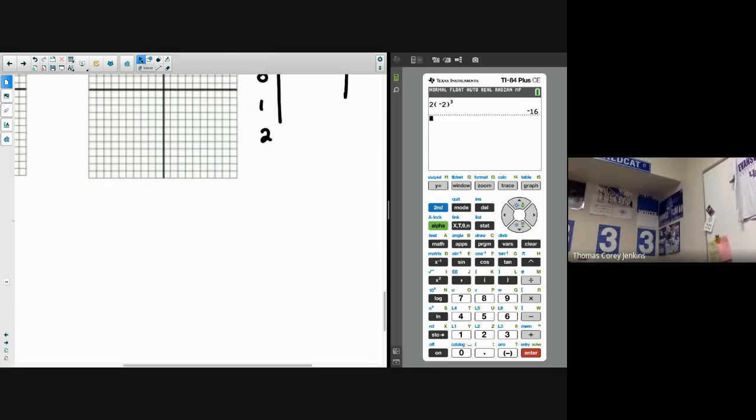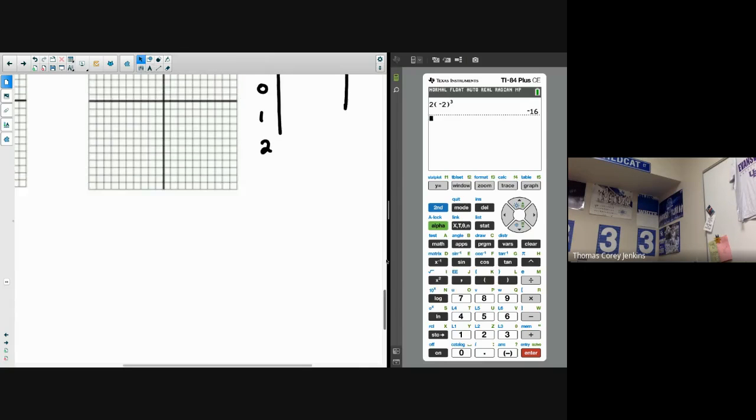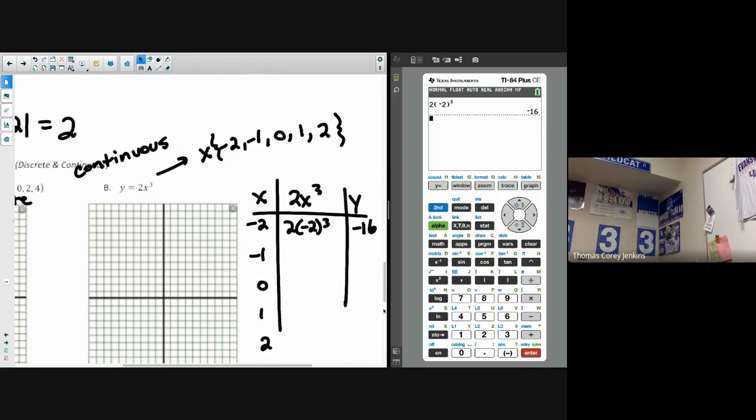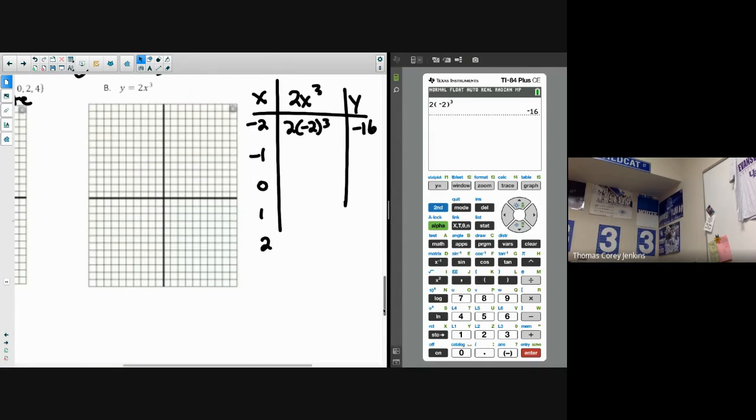All right, there we go. So -2 goes to -16. Remember, that's -2 to -16. I'm just going to go just off my graph, kind of guess where it would be. It'd be in that area.